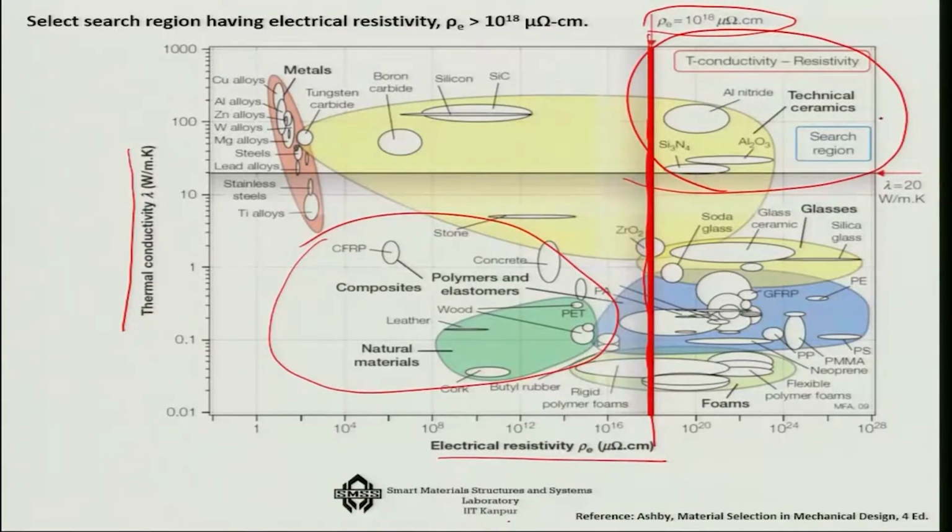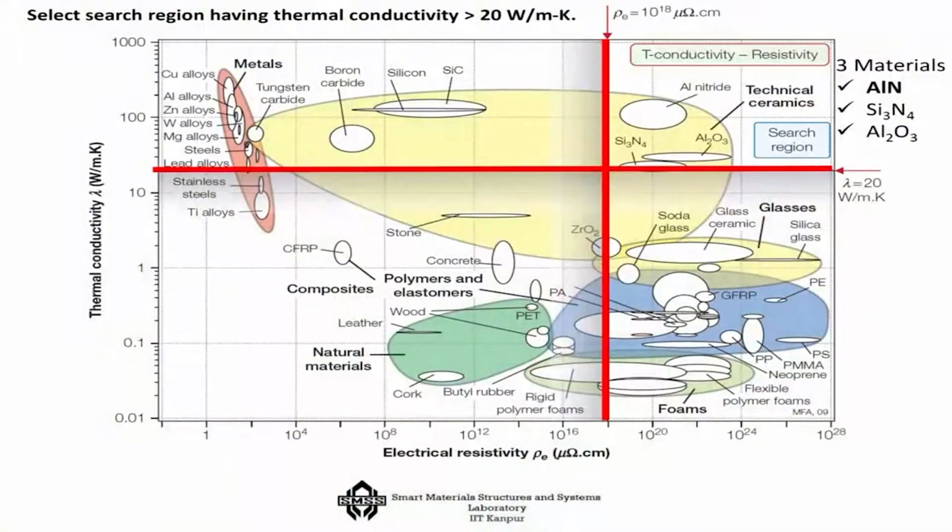So, it is the top part we are looking at, and here what are the possibilities for us? Aluminum nitride, and technical ceramics like Al2O3 and Si3N4, are the things that you will see in the top part. If you further expand this, you will see that three materials come into focus: aluminum nitride, silicon nitride and aluminum oxide.